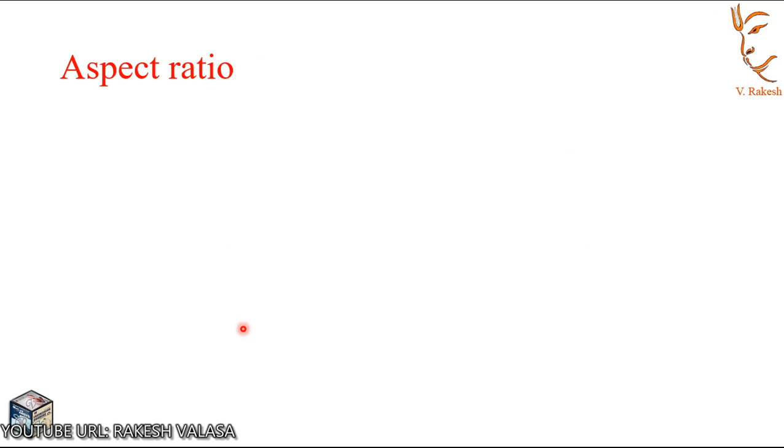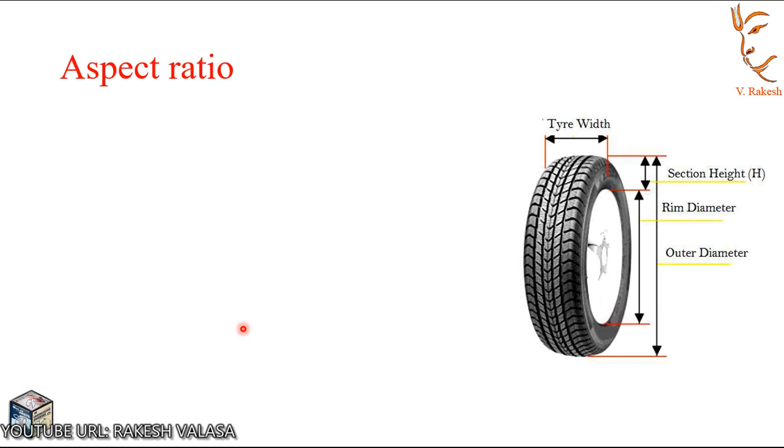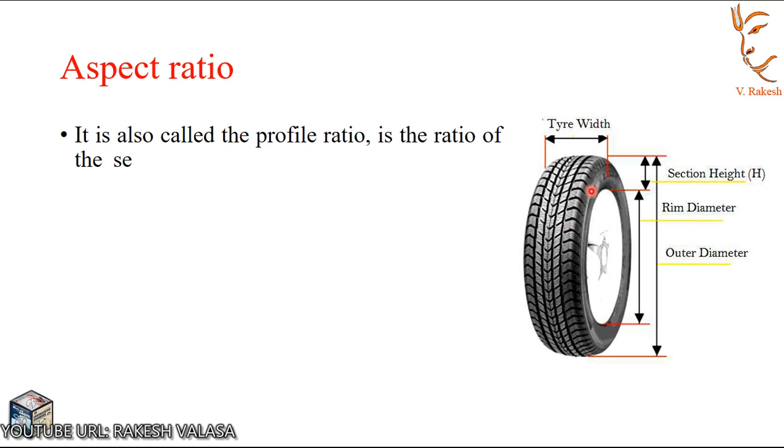Next one is aspect ratio. You can see this is the tire width. Tire width means the width of a tire from one side wall to the other side wall.